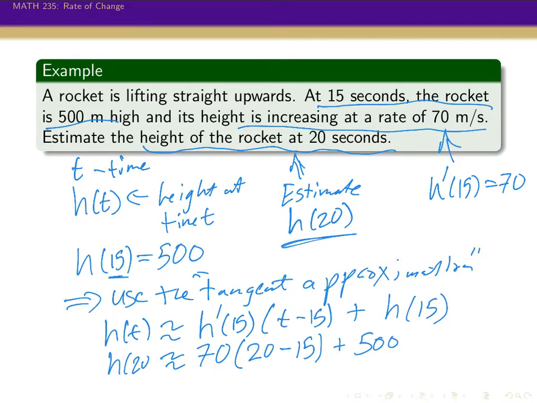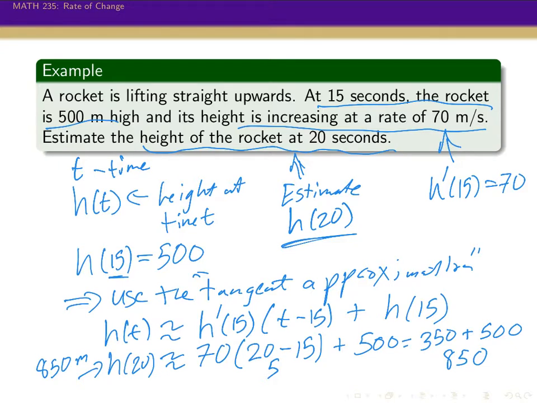Well, 20 minus 15, that's 5. 70 times 5 would be 350, and then we add the 500 onto that. And so our approximation for the height is 850 meters.